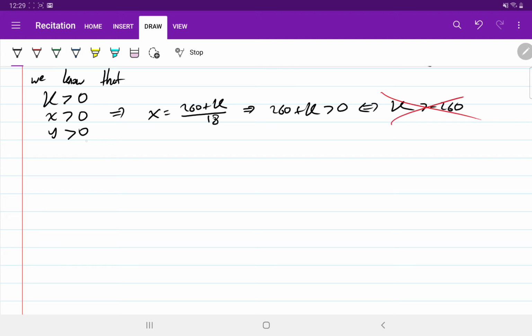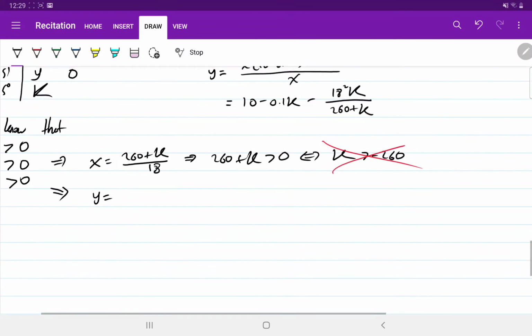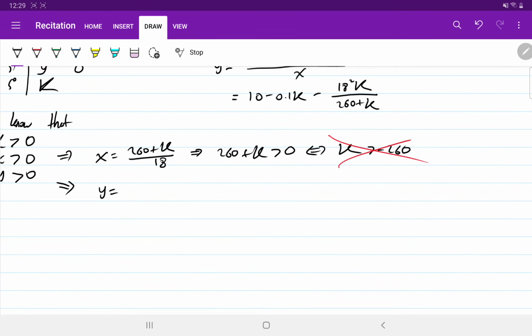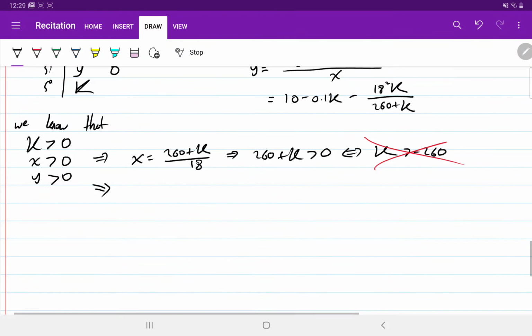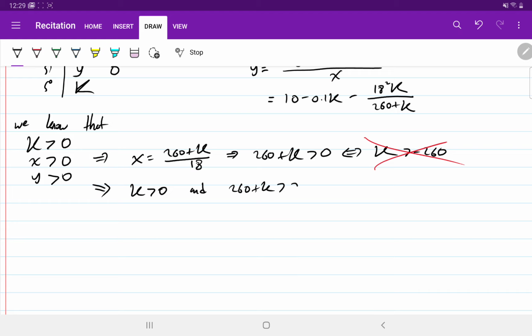Now we have y, which is on that term right there. Okay, observe that since we need k to be positive, and x to be positive, we know that 260 plus k should also be a positive number, so 260 plus k is always positive, right?